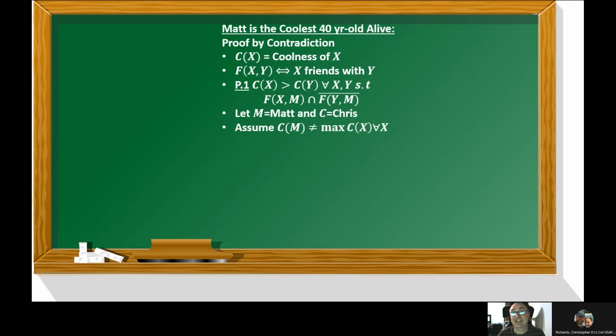So we're going to assume that Matt is not equal to 40, meaning that let's assume that c(m) is not equal to the max of c(x) for all possible x, meaning Matt is not the coolest of all people alive. Well, if that's true, then there exists a person p such that c(p) is greater than c(m). There's some person out there whose coolness exceeds that of Matt. I know it's strange, but we're going to go with it right now. So let's assume that is true.